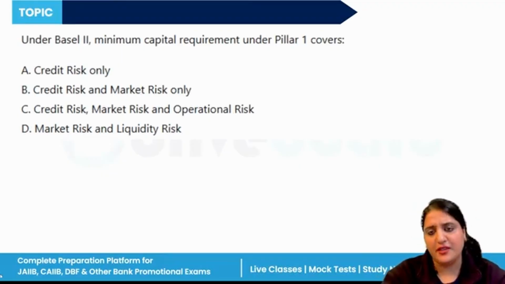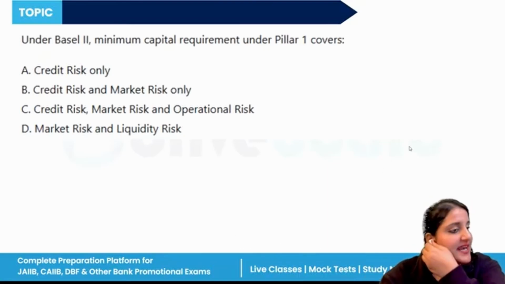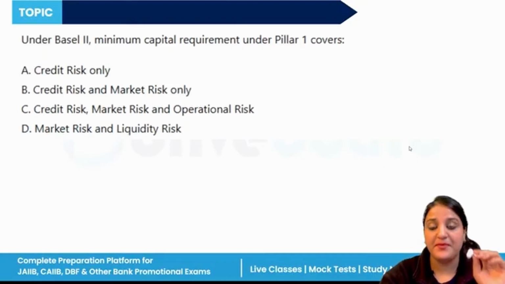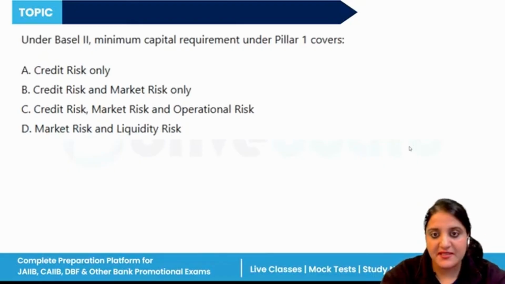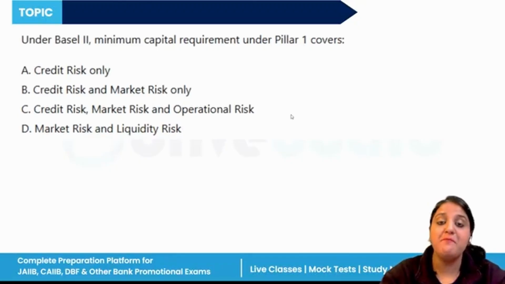Now think carefully. What if the borrower does not repay on time? That means credit risk. What if interest rates suddenly increase? Market risk. What if some staff commits fraud or a system crashes? That means operational risk. If the bank collapses, depositor money is at risk.